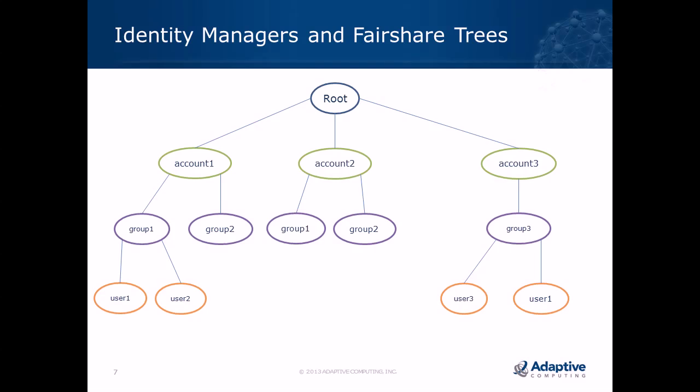So what is a fairshare tree? Just a quick background on fairshare, just in case somebody doesn't know what it is. Fairshare is a way to say that past usage history affects the priority of my current jobs. So in other words, if I used up the whole system yesterday, I'm not going to get as much today.